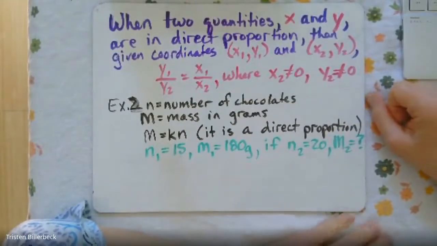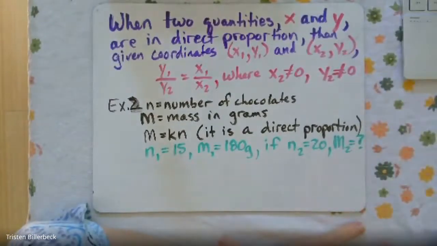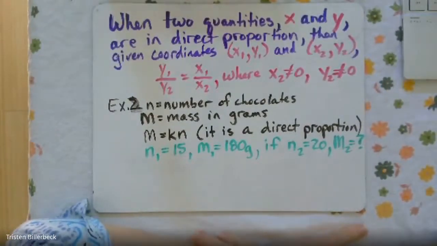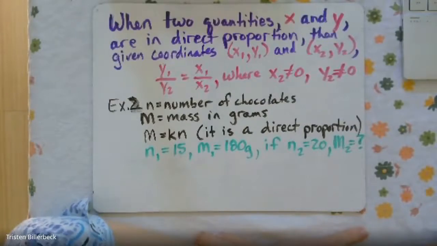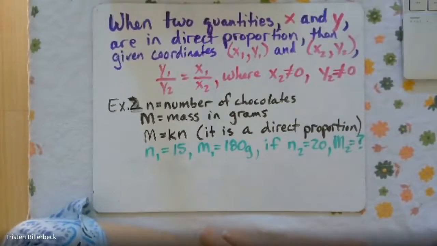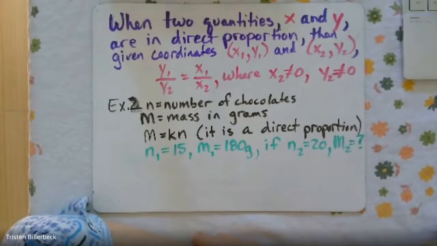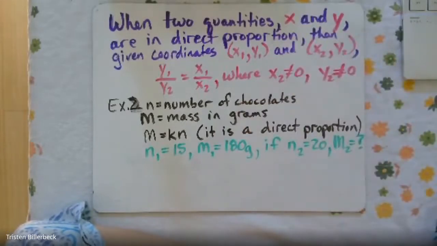What happens when you divide by 0? This vortex comes out in the universe and sucks you away into the undefined regions of space. So we never divide by 0.